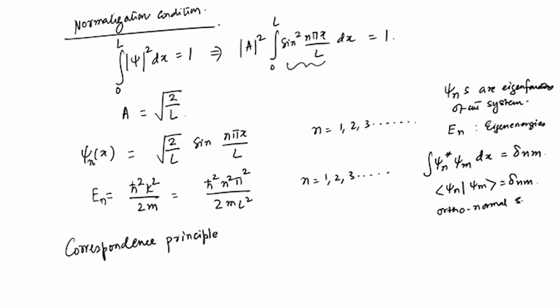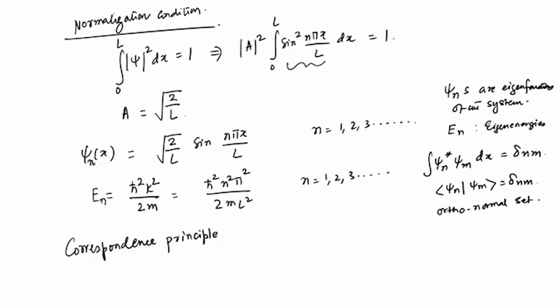And now, you notice that n can be any of the integers, that is n equal to 1, 2, 3, 4, 5, anything is allowed, very large numbers and so on. We were talking about the cat being dead or the cat being alive, which really gave us only two states, or the coin being tossed gives you head or tail.